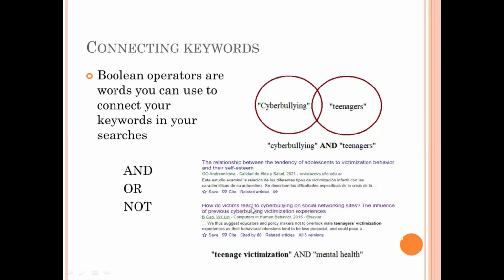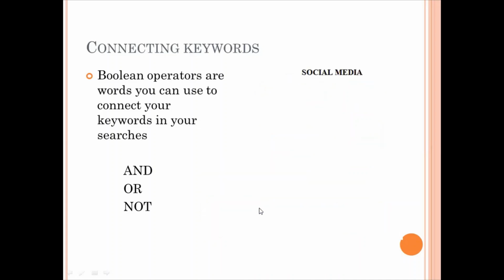That gave me this final result, which I quoted, the result I pasted previously. So with that, I can now answer that research question: how has cyberbullying of teenagers affected their mental health?